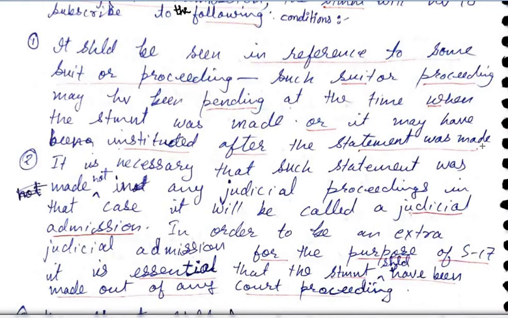Now next point, it is necessary that such a statement was made not in any judicial proceedings. Otherwise, in that case, it will be called a judicial admission. Full stop. In order to be an extrajudicial admission for the purpose of section 17, it is essential that the statement should have been made out of any court proceedings.